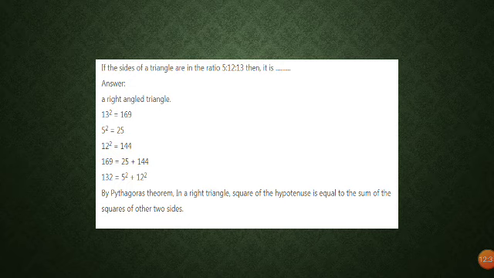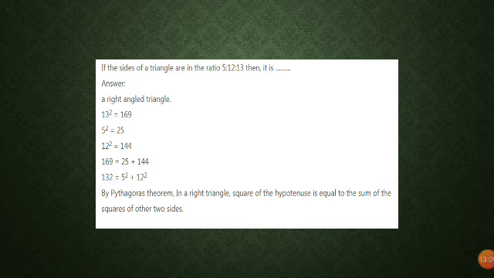If the sides of a triangle are in the ratio 5:12:13, then it is a right angle triangle. Already you know that a right angle triangle means the Pythagorean triangle. So 13 square is 169. 5 square, 5 into 5, is 25. 12 square, 12 into 12, is 144. So 169 equal to 25 plus 144.